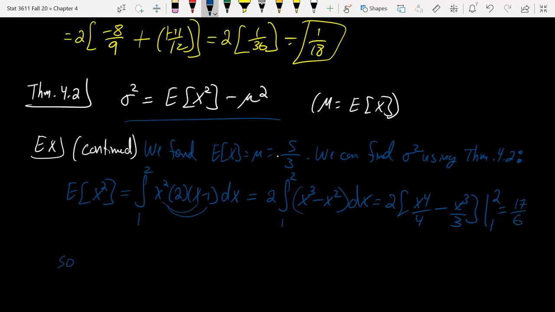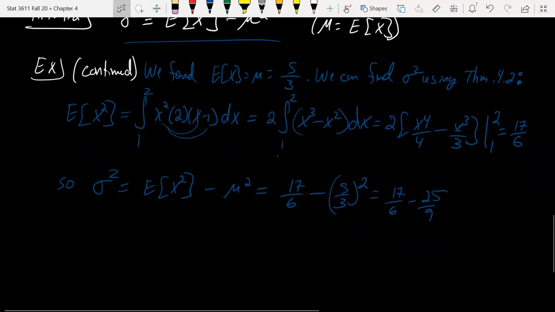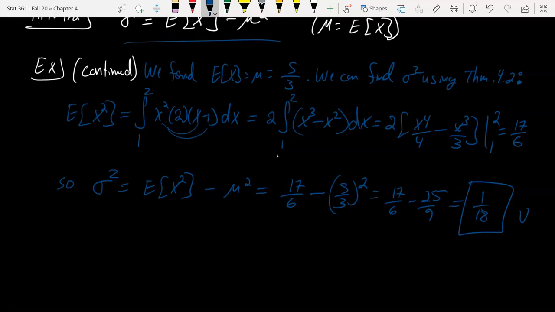So sigma squared is equal to, according to the theorem, this value minus the mean squared. So this is equal to 17/6 minus the square of 5/3, which is 17/6 minus 25/9. And no joke, 1/18. Much more computationally efficient, all right?